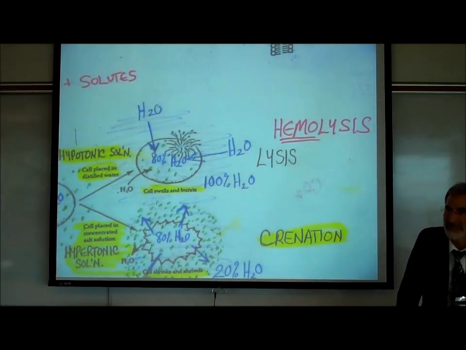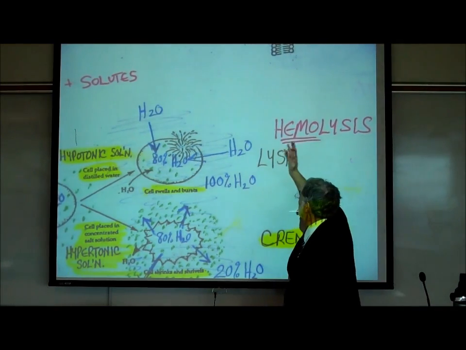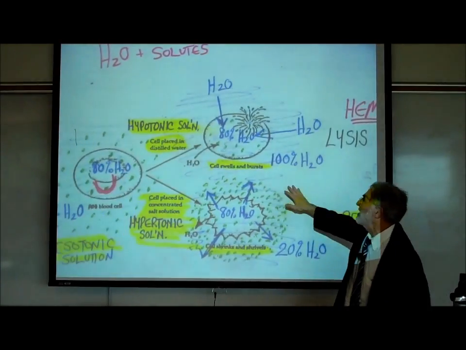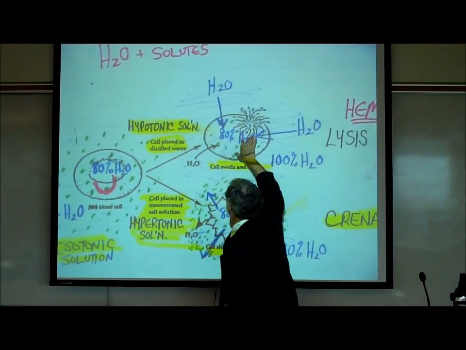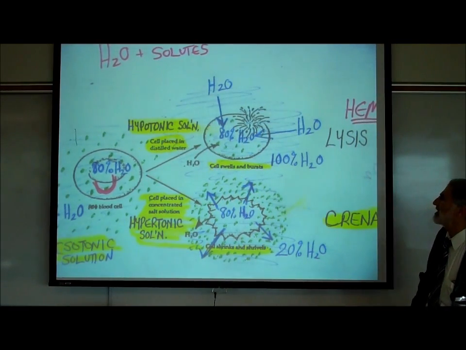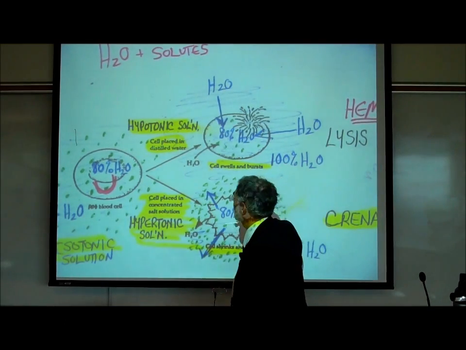Hemo just means blood. But the bottom line is, whether it's a red blood cell breaking apart or any cell, you place a cell in a higher concentration of water than what's in the cytoplasm. The water flows in, there's osmosis, and the cell swells up and bursts.